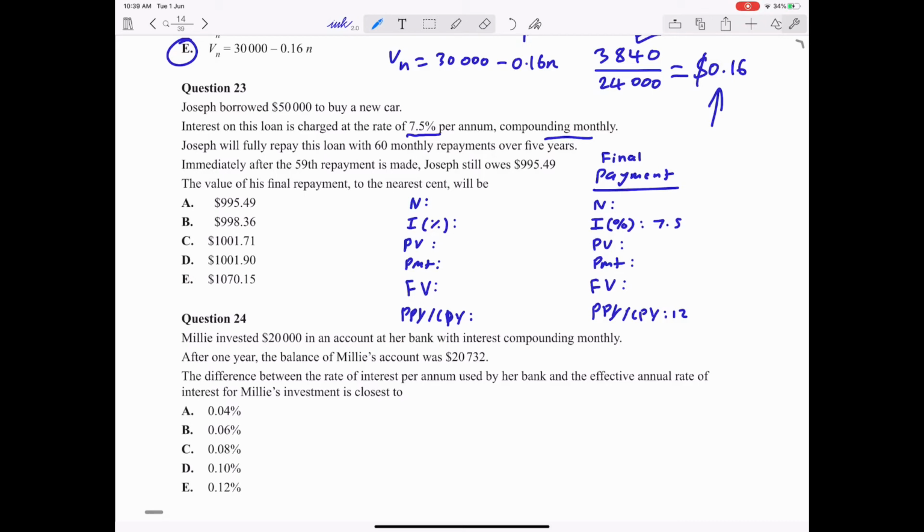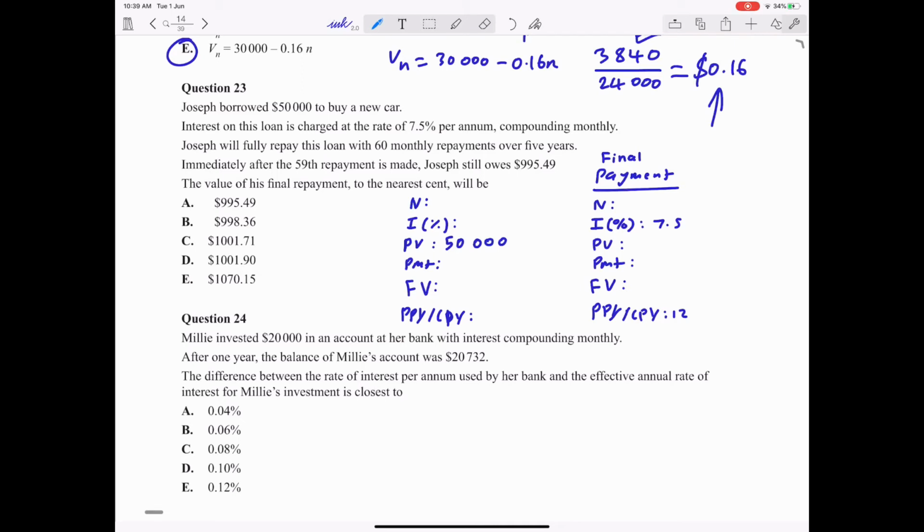So basically, we'll just insert the information given in the question into the financial solver on the CAS calculator. The first statement is Joseph borrows $50,000 to buy a new car, so you put $50,000 as your present value, and you make sure that the value is positive because this is money Joseph has borrowed.